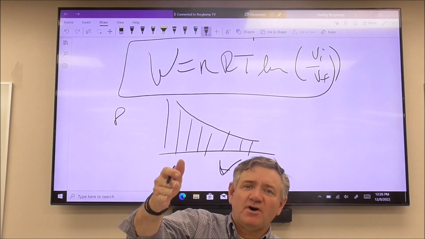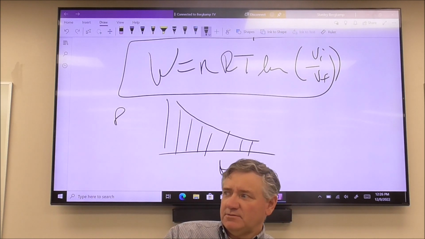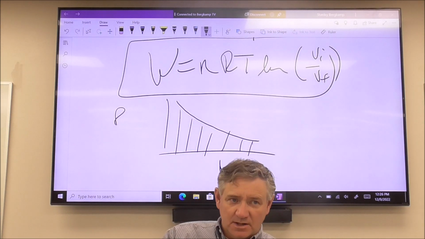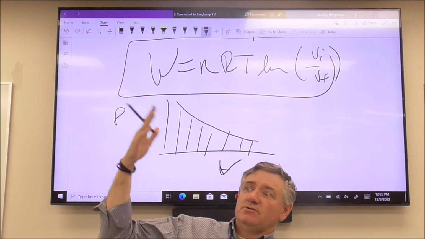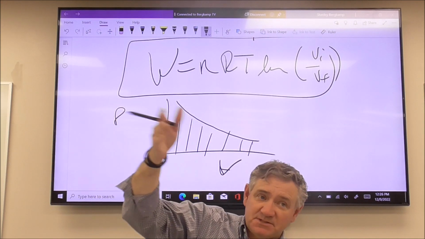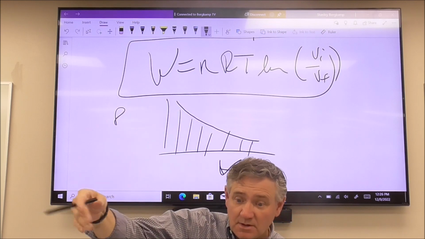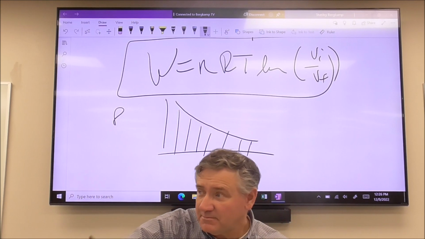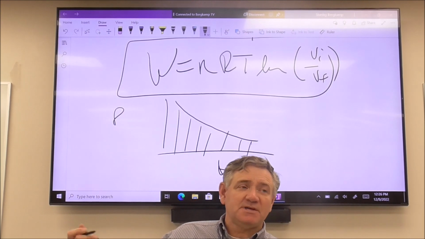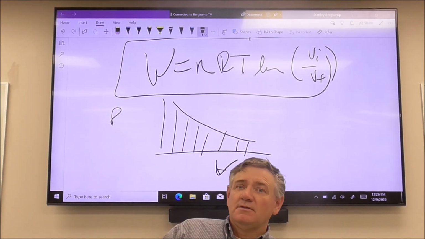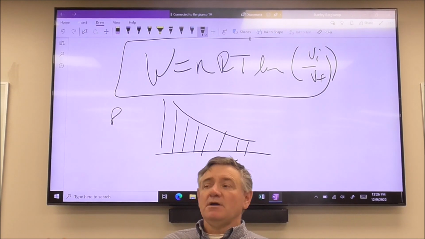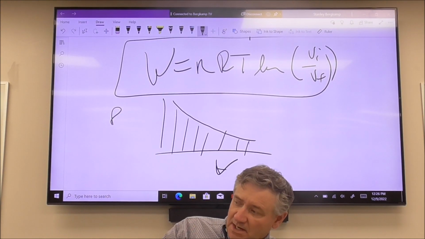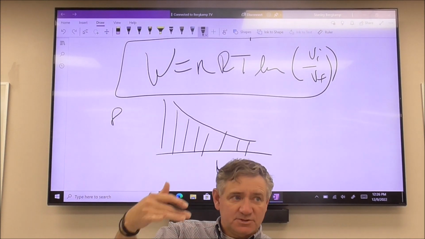So if my initial volume is the same as my final volume, I'm taking the natural log of 1. 0 times anything is going to get you 0. So if my two volumes are the same, I'm taking the natural log of 1. That is a numeric value of 0. I'm not going to do any work. Okay? So work is only going to be done if the volumes change.